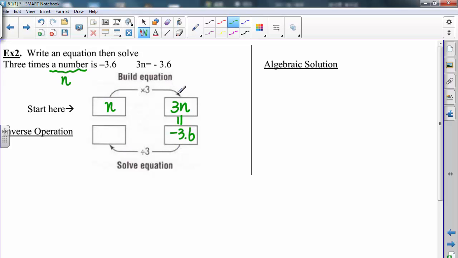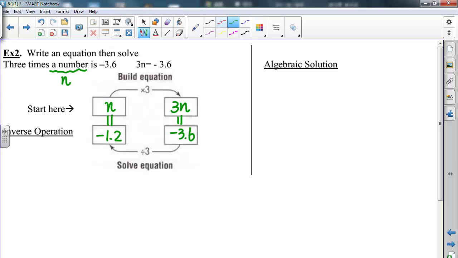Look at the above operation. It's multiplication by 3, so this is the reason why I need to divide this number by 3. Negative 3.6 divided by 3 is negative 1.2. And this negative 1.2 is also the value for the unknown n.